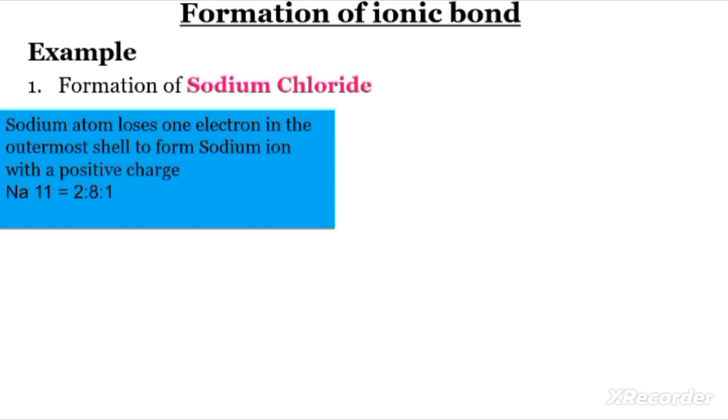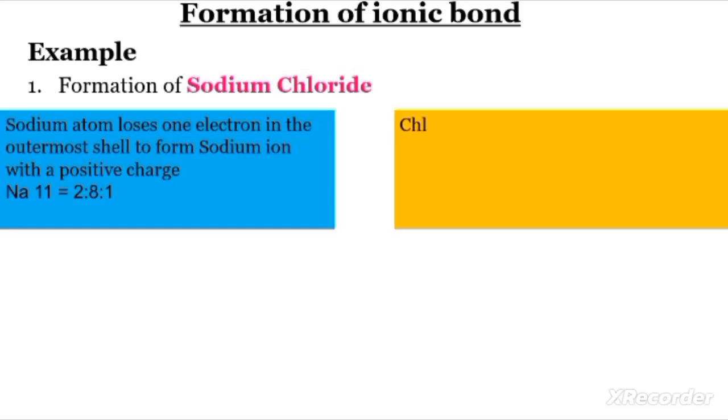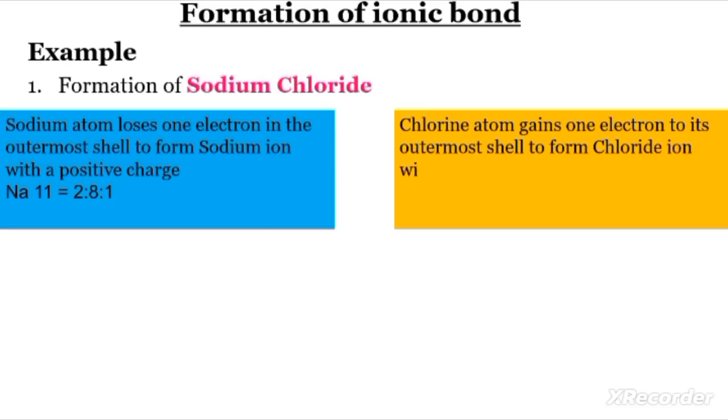Initially, sodium has the electronic configuration 2,8,1. Chlorine gains one electron in its outermost shell to form a chloride ion with a negative charge.